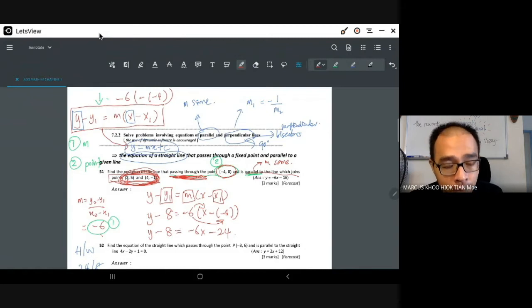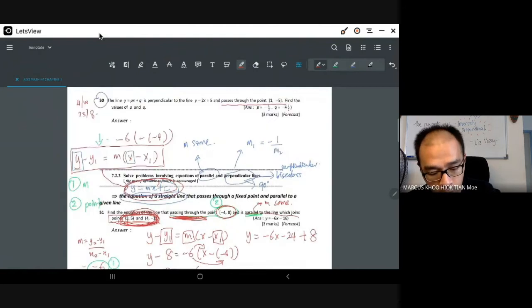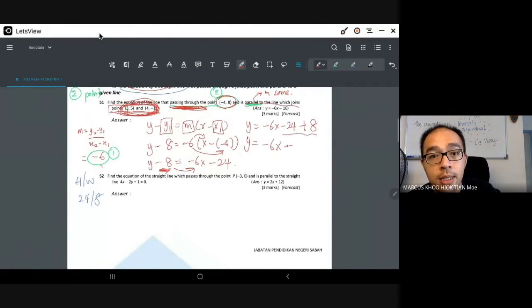Remember, the equation of a straight line is always y equals mx plus c, so this negative 8 we must move across. So y equals negative 6x minus 24 plus 8, and minus 24 plus 8 will be minus 16. This is our final answer.